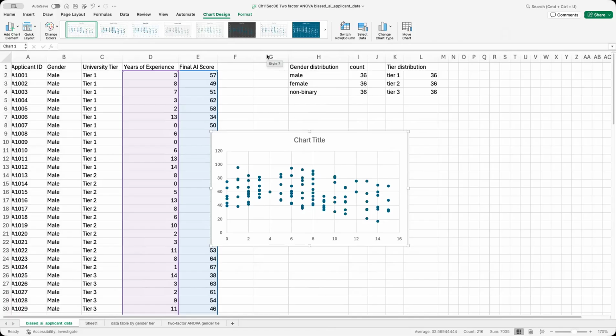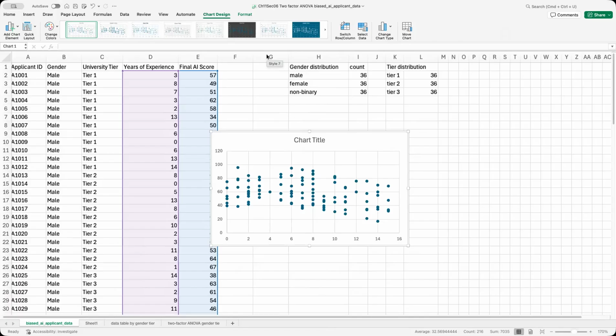This is now a different relationship. I'm no longer looking at a category versus a number. So my ANOVA told me, hey, if you're in this category, your number might be higher or lower. I'm now looking at two numbers and trying to relate them. This is a different kind of correlation data that I want.